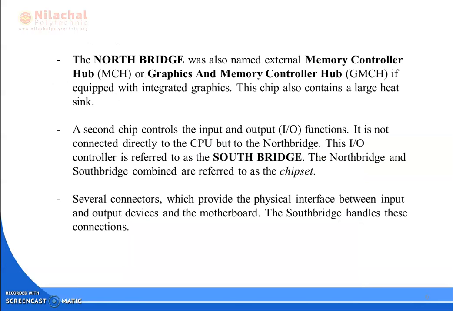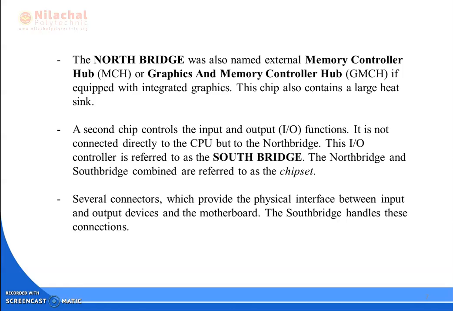So next, let's discuss what the Northbridge Chipset is and what its functions are. The Northbridge Chipset is also known as the Memory Controller Hub, or MCH, or the Graphics and Memory Controller Hub, that is GMCH, if equipped with integrated graphics.